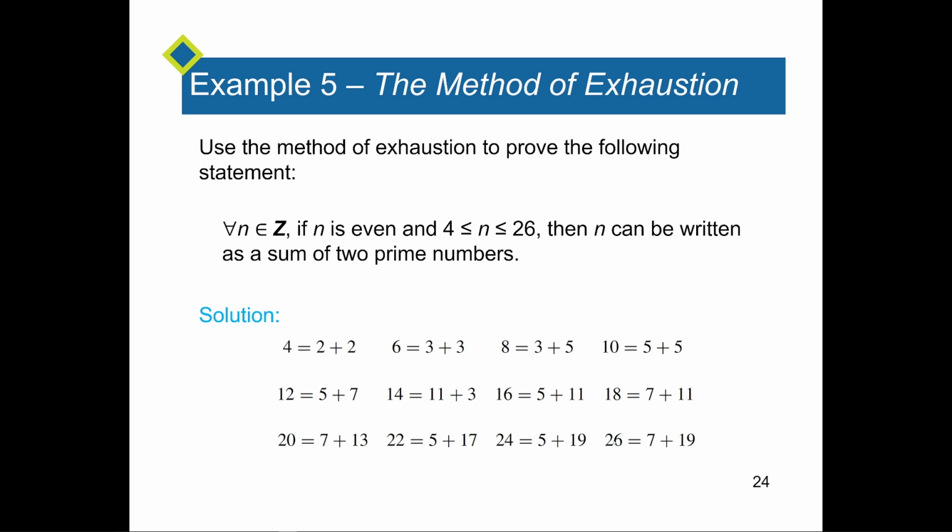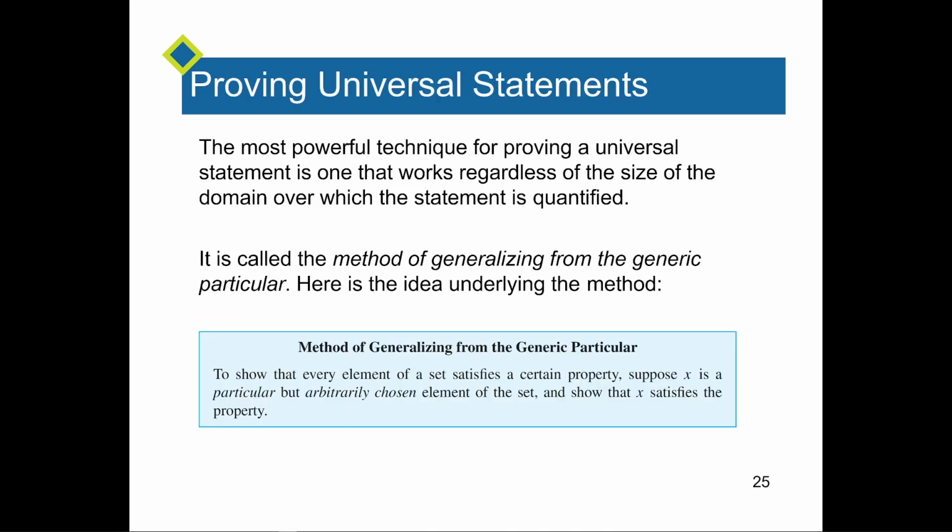Obviously, we'll have to end at 26. Then n can be written as the sum of two prime numbers. So just pick two prime numbers and do them for all. So go for 4, then do 6. 6 is even, and then take all of them before 26 and just ensure that these are all prime numbers. So 2, we have 3 plus 5, etc., etc. And you can go through this by pausing the video. This was also covered in the last section.